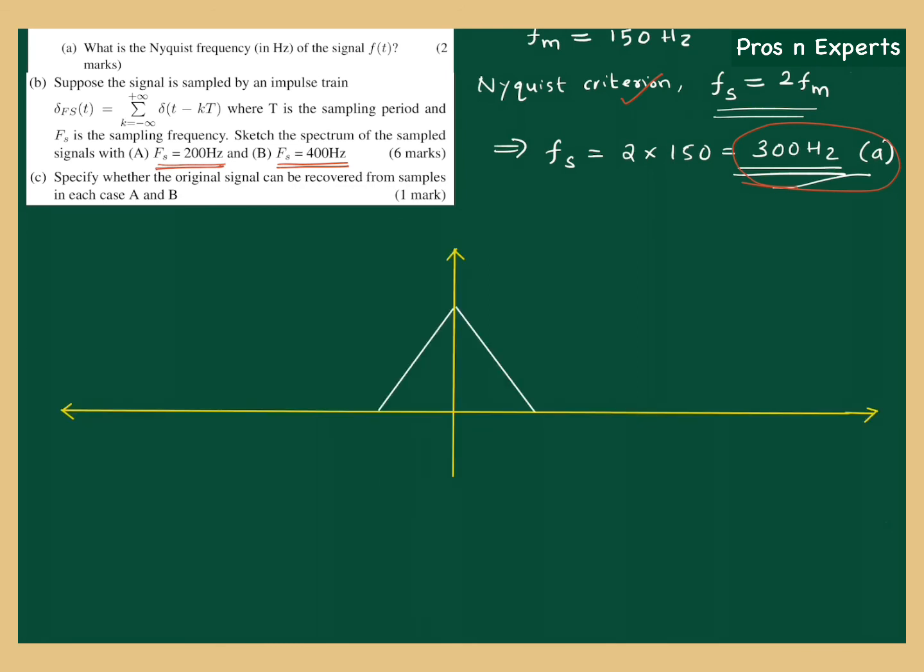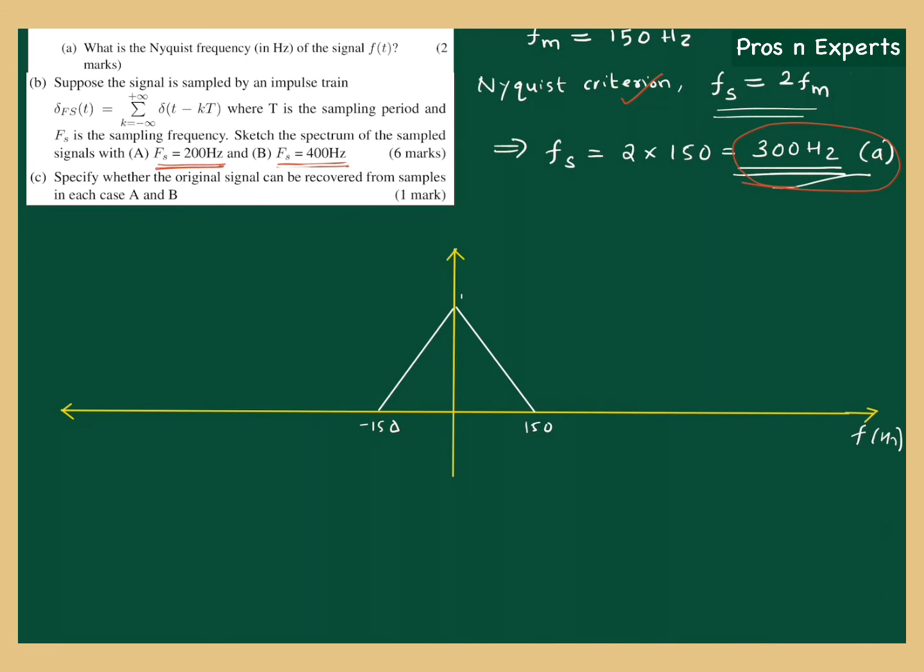Again I have drawn the message signal spectrum, which is just a triangle, with values 150 hertz here and minus 150 here, frequency in hertz. Now when you are sampling the signal at fs equal to 400 hertz, what happens to the spectrum? That is our question.